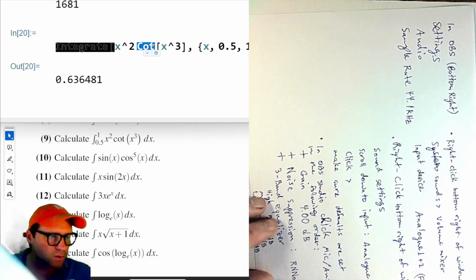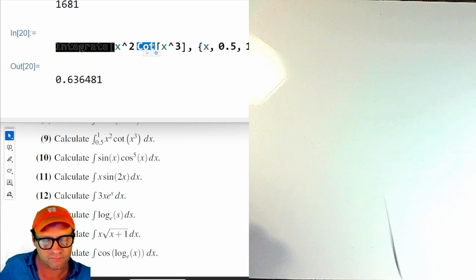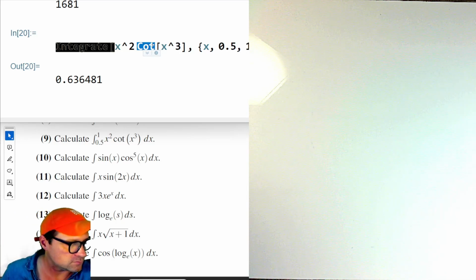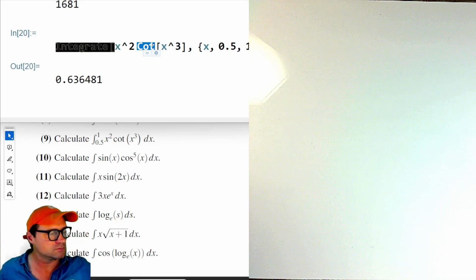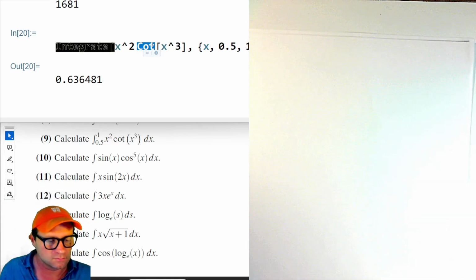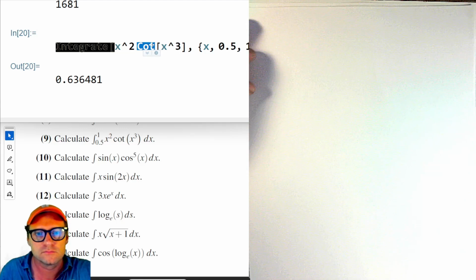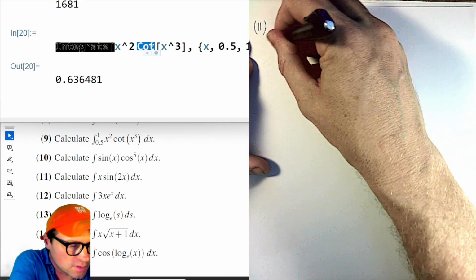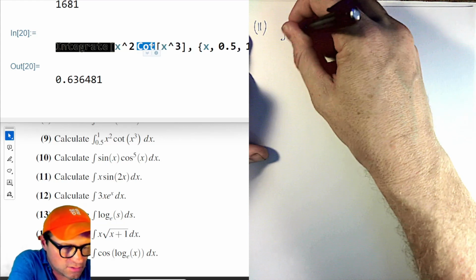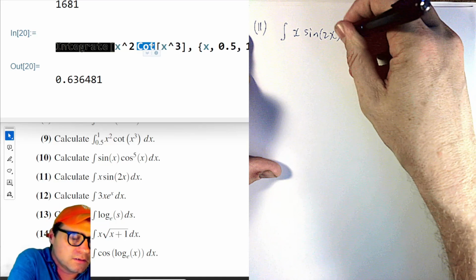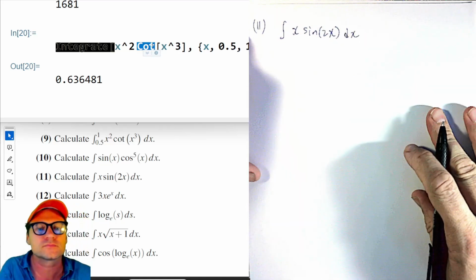Okay, moving on to question 11. Calculate the integral of x sine of 2x dx.